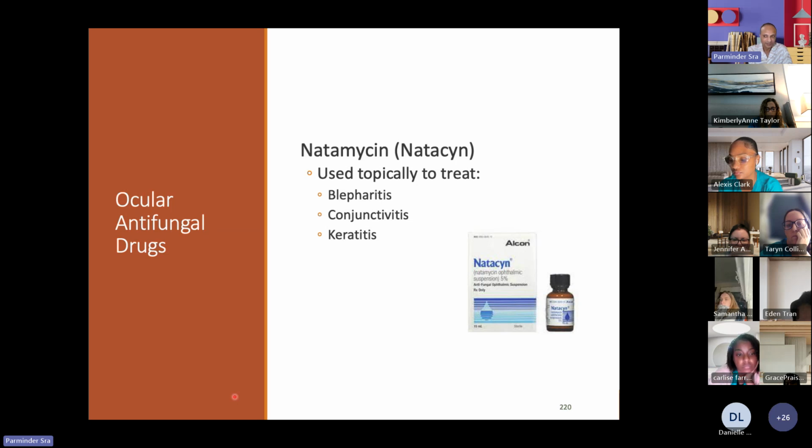Okay, so these are used for addressing those conditions. And natamycin is one of those topical antifungals used to treat those conditions. And there are others as well, like amphotericin B, voriconazole for more severe issues.